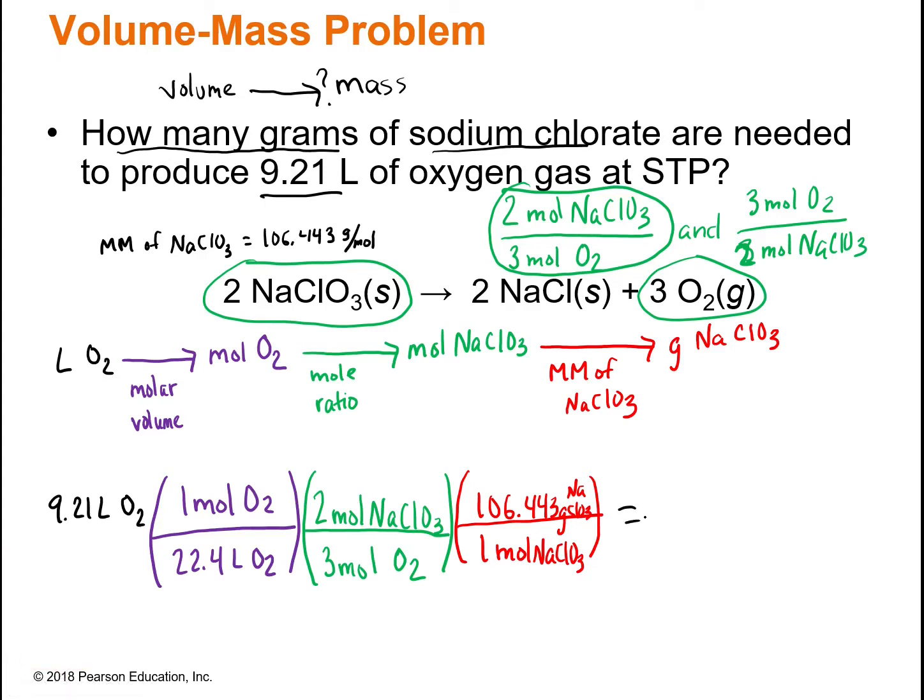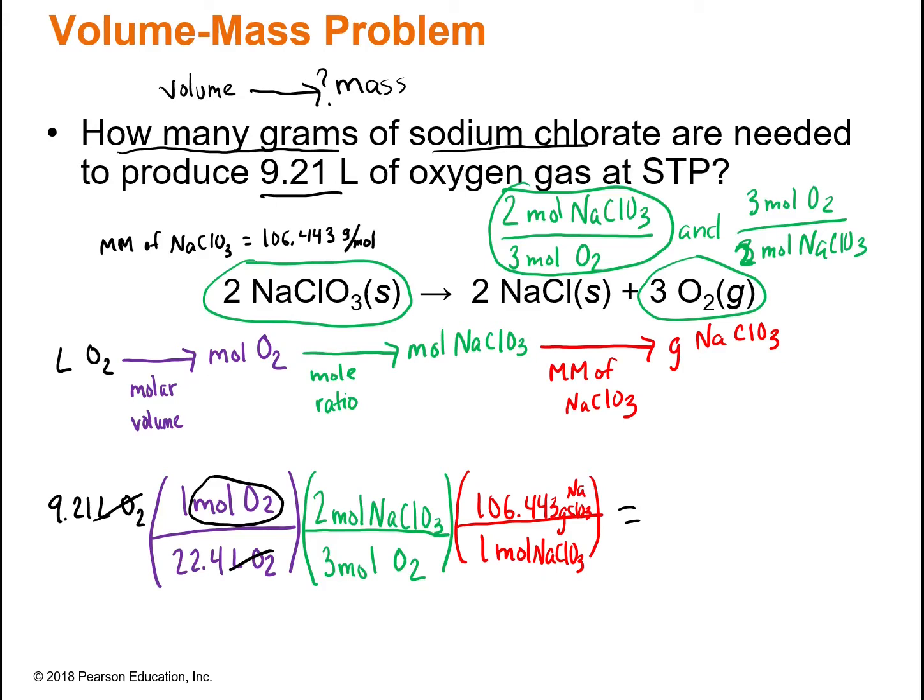Always do your unit analysis, please, because it will help you make sure that you put your unit factors in the right orientation, that you didn't flip one. You always need a unit in the top and the bottom to cancel. So just like with liters, we have liters on top, liters on the bottom. They cancel and leave us with oxygen gas. And that's the first part of our equation.